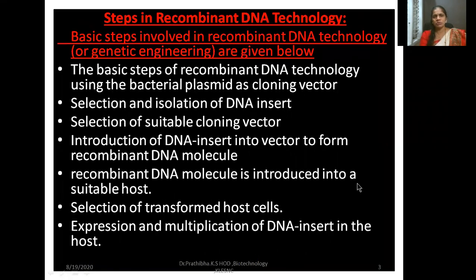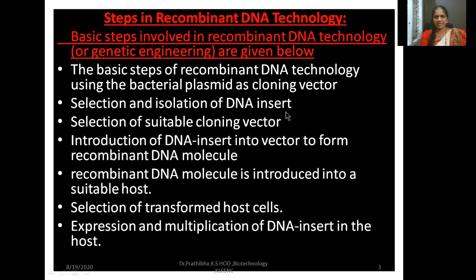Now let us go through the steps in recombinant DNA technology. The basic steps of recombinant DNA technology using the bacterial plasmid as cloning vector are as follows. Step 1, selection and isolation of DNA insert or desired DNA or target DNA.